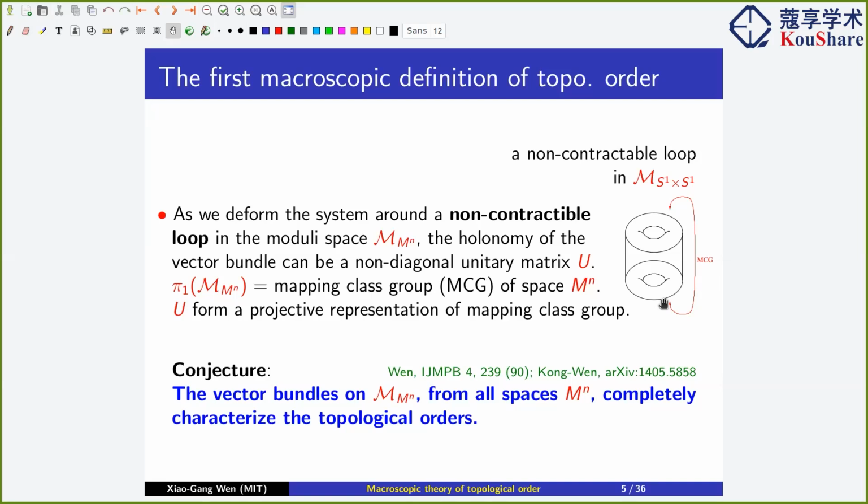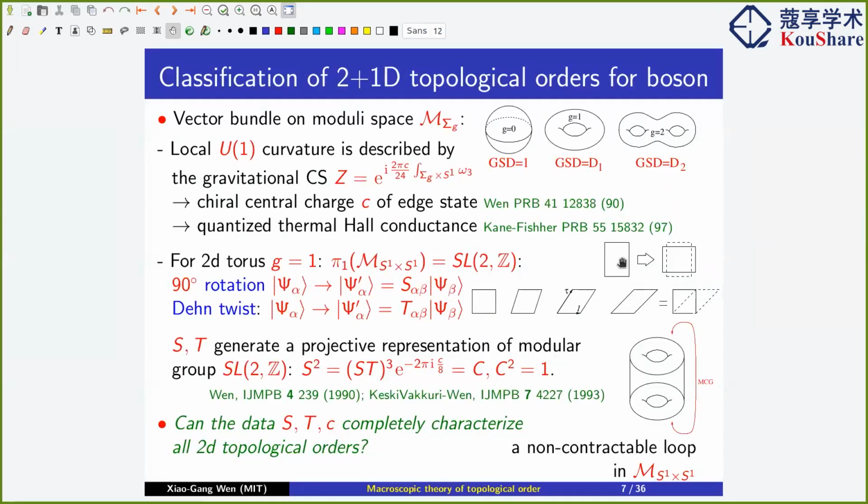There are many different ways to map a torus into itself. One way is to do this 90-degree rotation here. That's called the S matrix in 2 dimensions. Or you can do this Dehn twist. You can shear-deform the torus until you get this shape. And this shape and the original shape can be identified via this coordinate transformation in this graph.